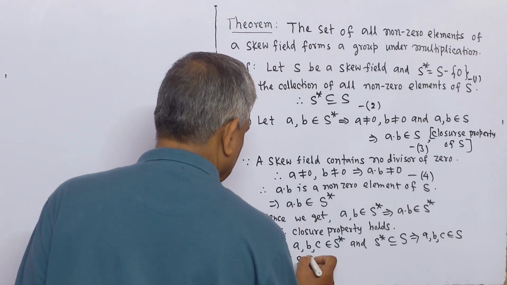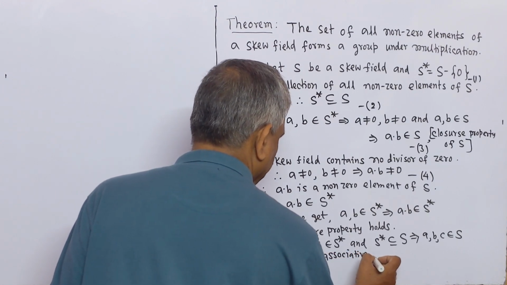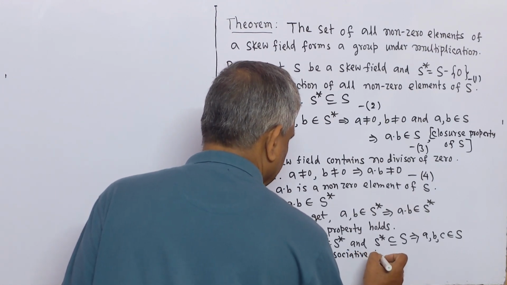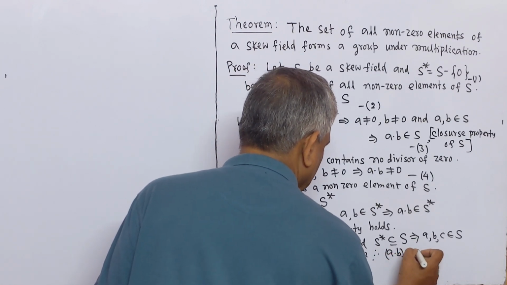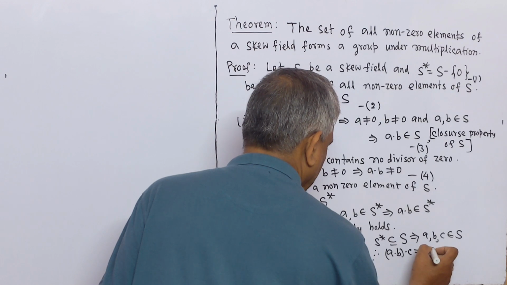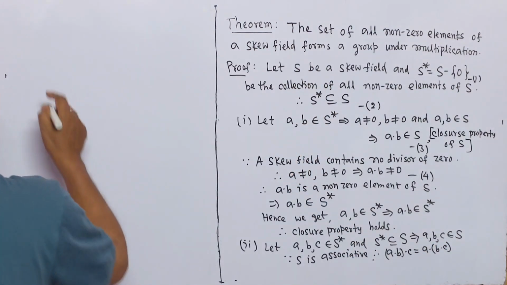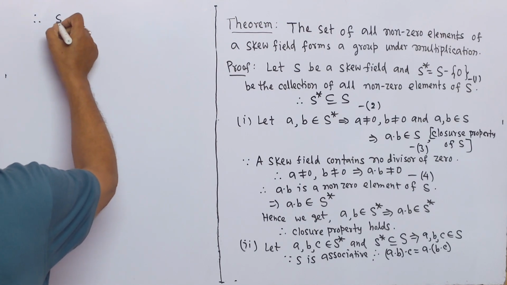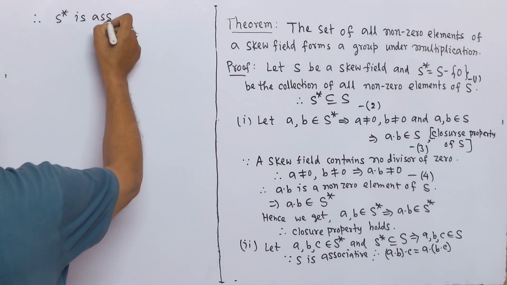Since S is associative, therefore A multiply B multiply C equal to A multiply B multiply C. Therefore, S star is associative.